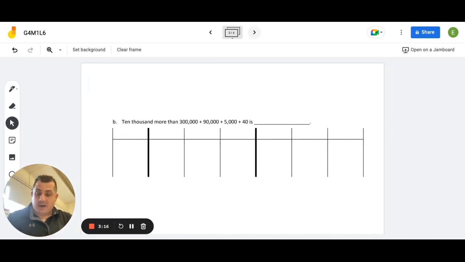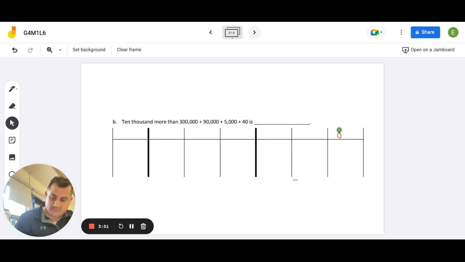Now, I could look over here. You may get one like this, where it's written in unit form. It says 10,000 more than, and we have this number written in expanded form: 300,000 plus 90,000 plus 5,000 plus 40. So I have my place value chart.